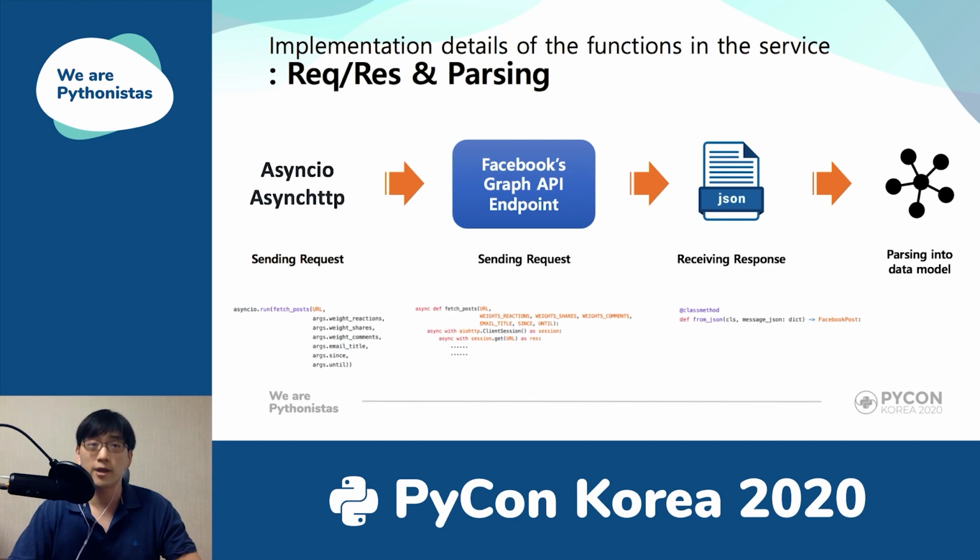It is a good practice to make this function work asynchronously because you don't want other functions to be blocked. And the Facebook server will give you back data in response, which is in JSON format. The raw JSON data is not really accessible in Python, right? So it should be properly parsed into Python objects.